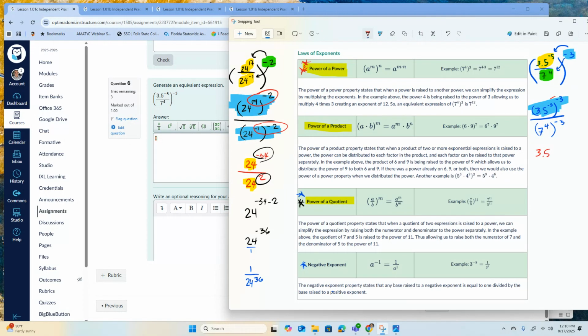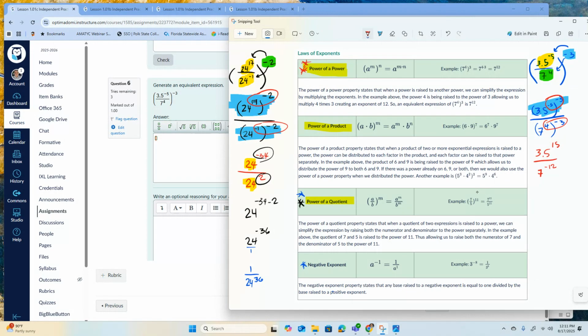Okay, and what I'm going to do is I'm going to multiply the exponent. So negative 5 multiplied by negative 3. That will be positive 15. Use the calculator. Over. We're going to do the same thing on the bottom. 7 to the fourth power, raised to the negative third power. Keep the base, 7. And what you're going to do with the exponent? Multiply. That will give you negative 12.